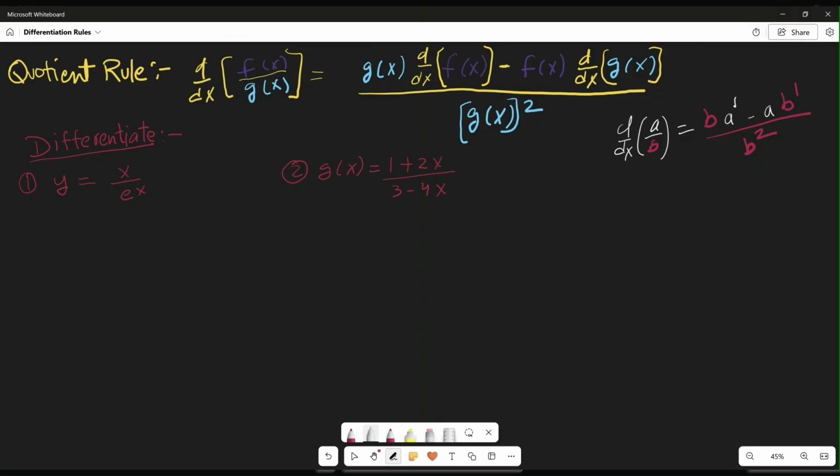Okay, let's look at problem number one. This function y is equal to x over e to the x, and we apply the derivative formula. What is this?